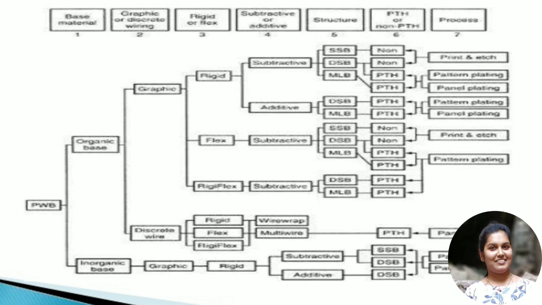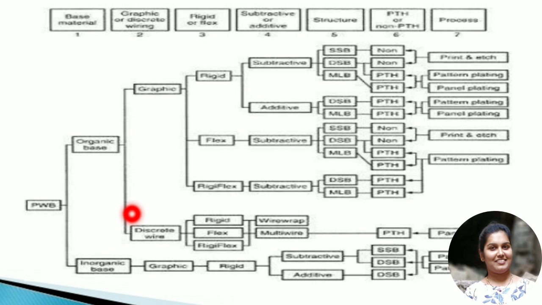Initially we take a base, which is a kind of insulating material, and on that base material we'll be applying the conducting parts. Based on the base material, PCBs can be of two types: organic base and inorganic base.